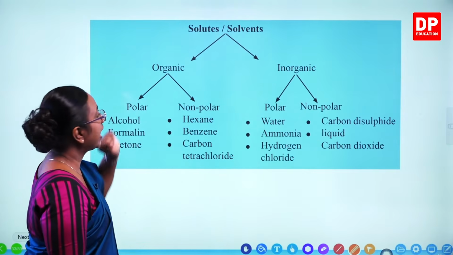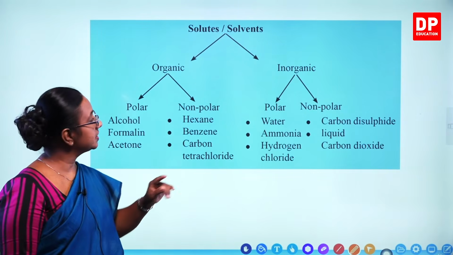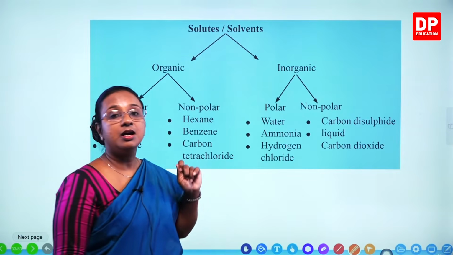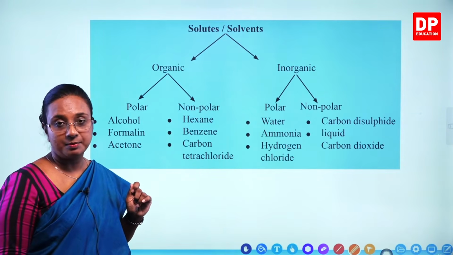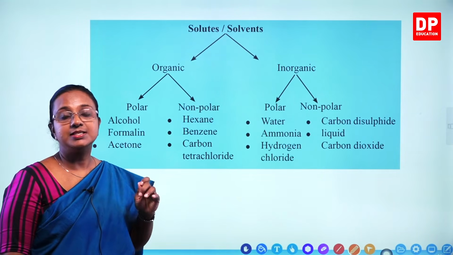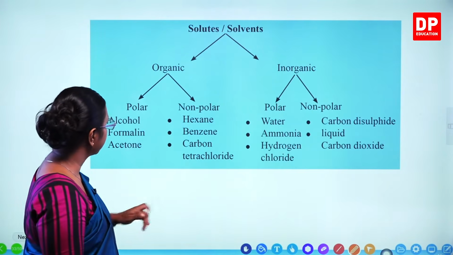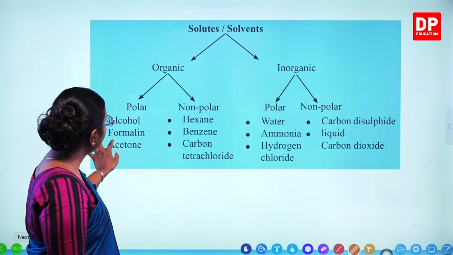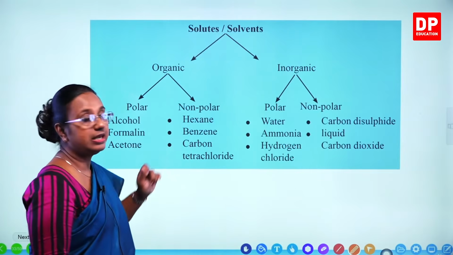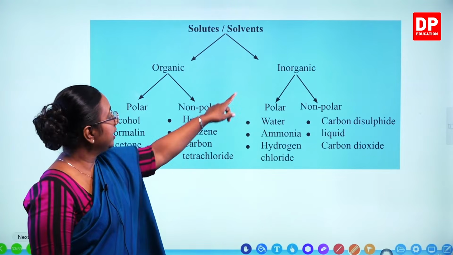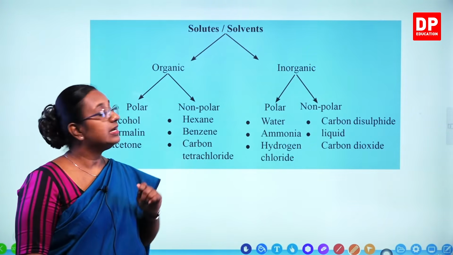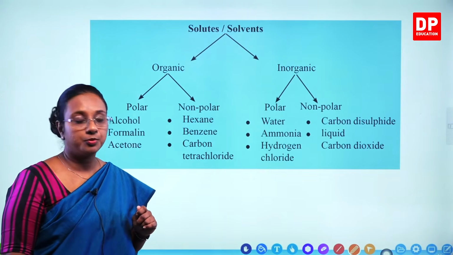So here, organic means carbon-containing substances, and inorganic means absence of carbon, except oxides, carbonates and bicarbonates. Under that we have organic polar, organic non-polar, inorganic polar and inorganic non-polar.